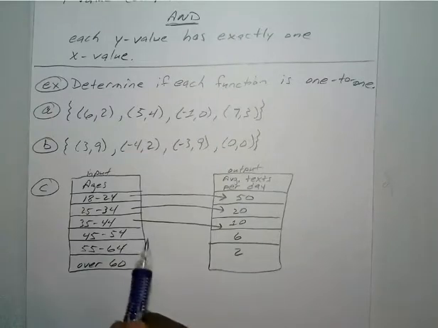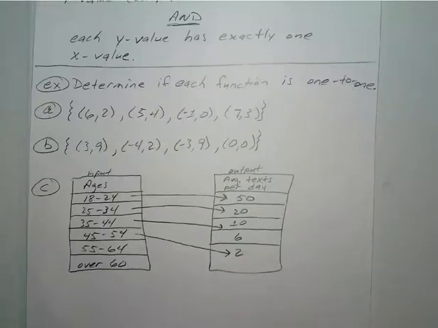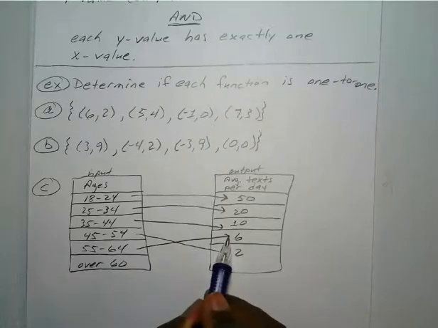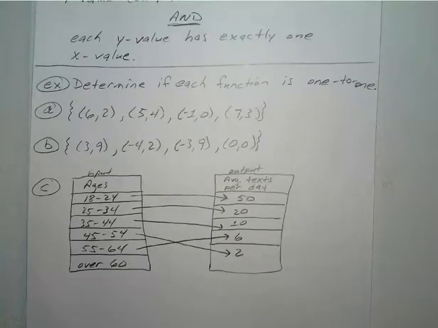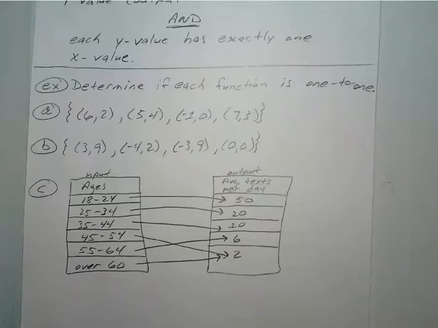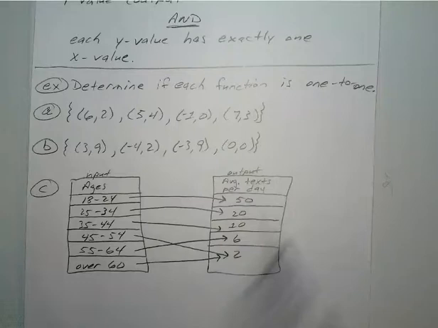Say 45 to 54, that goes to 2. Say 55 to 64, that goes to 6. And let's say the over 60 crowd also goes to 2. Okay, so let's look at each one of these individually.